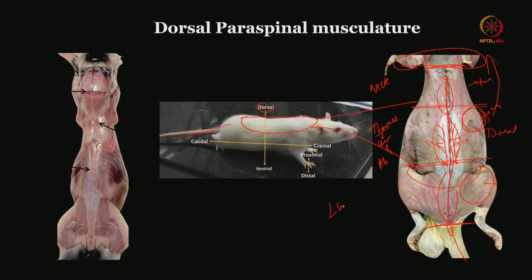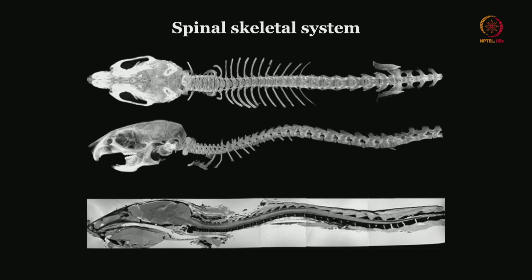So the lumbar region refers to the hip, then the sacrum, the tailbone before it becomes actually the tail, and then the coccygeal bones which are connected with the tail. So these are the various different segments of vertebrae which are covered densely with these paraspinal musculature, all right. So let us look at the entire spinal skeletal system which I just described.